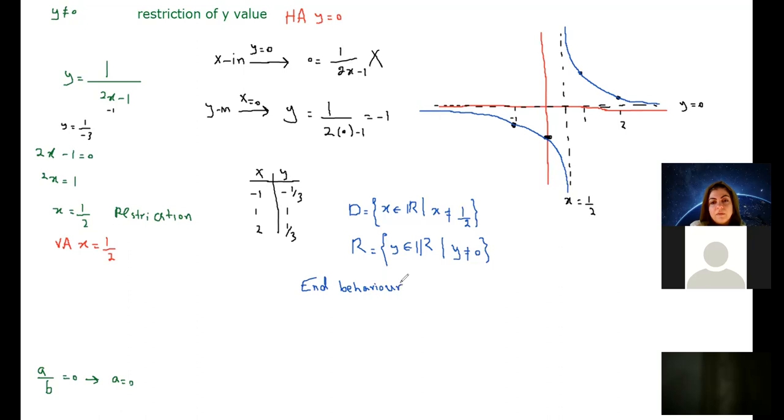Now, end behavior. I'm going to ask you, when X goes to positive infinity, where does the Y go to? Anyone can tell me? When X goes to positive infinity, where does the Y go to?